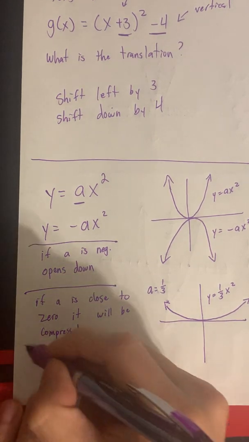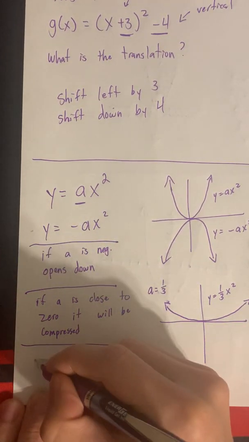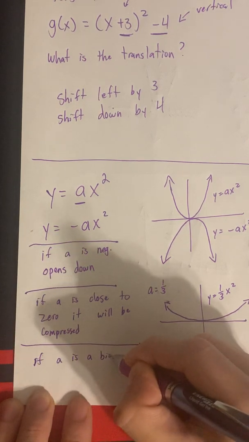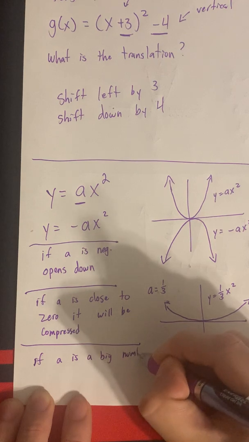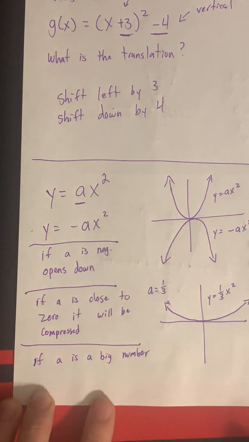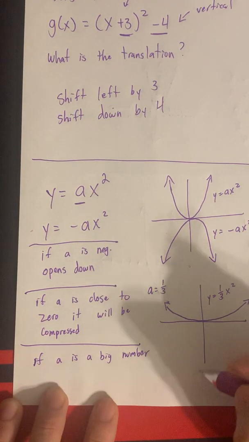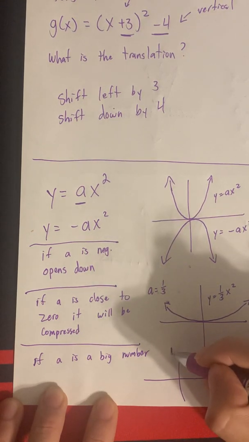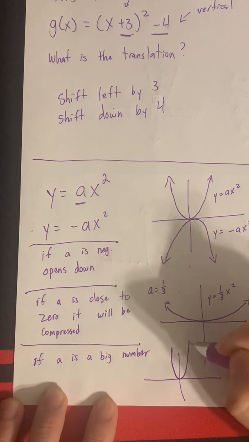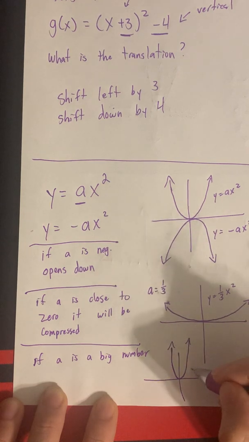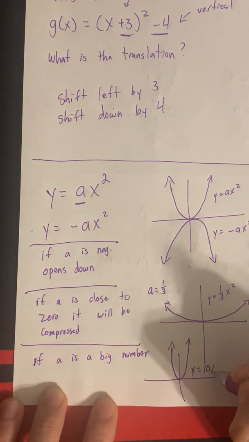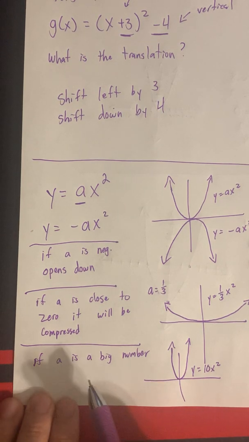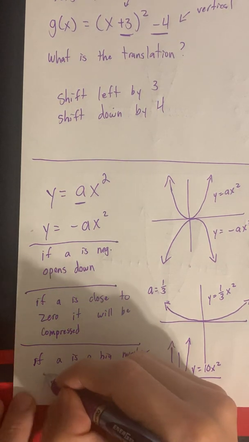Same thing if a is a big number. If a is a big number, the graph will look like this. Let me make another one right here. The graph will shoot up really quick and it'll be really slim. So let's say this is y equals 10x squared.